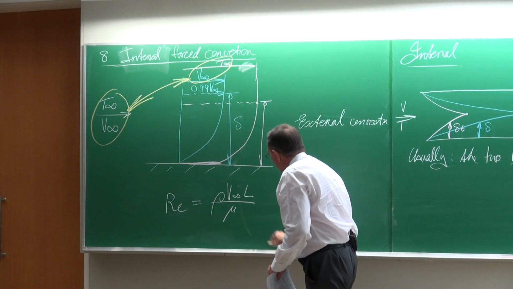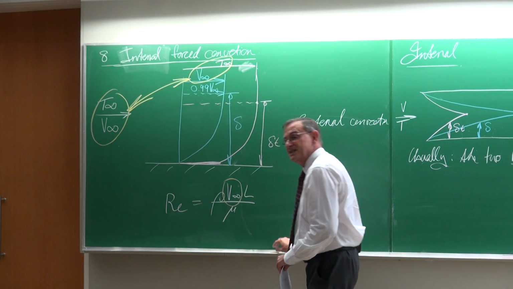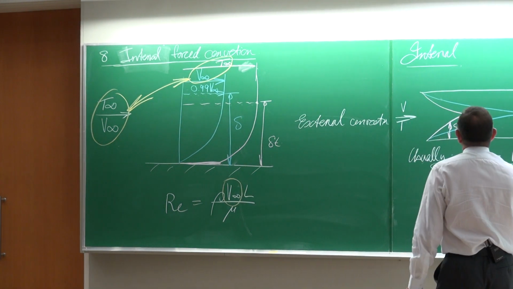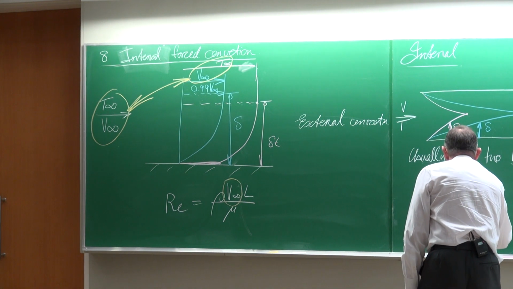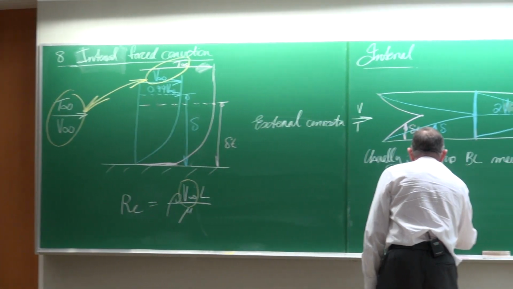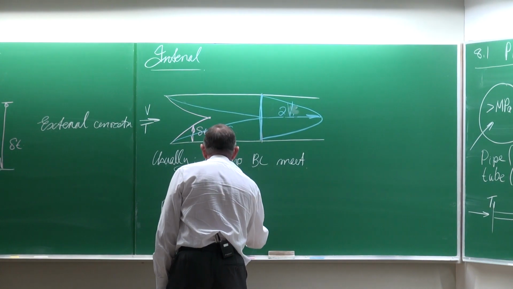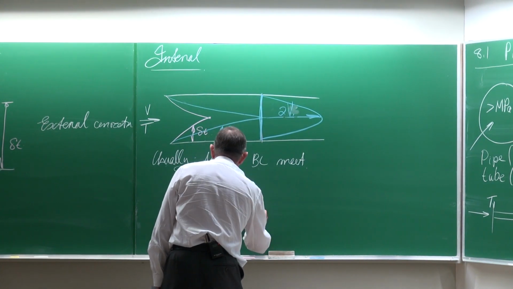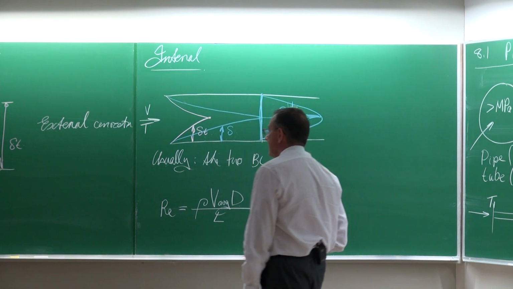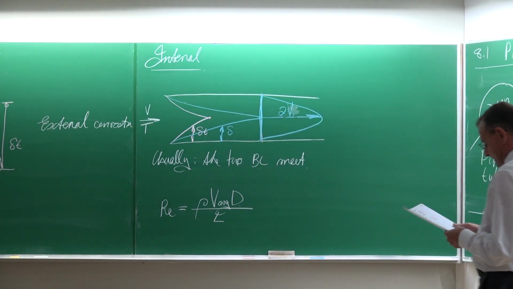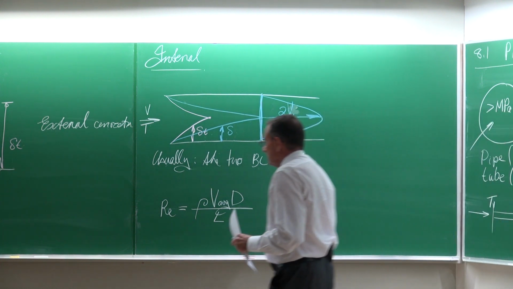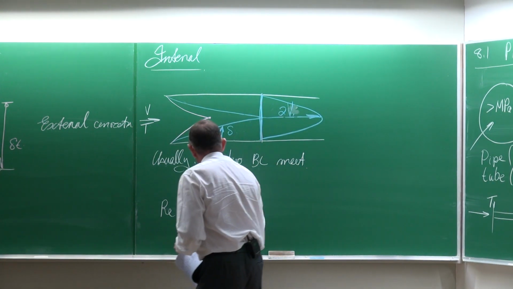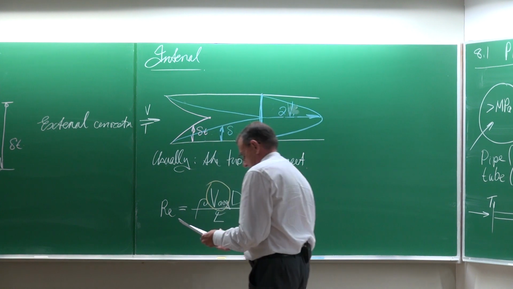So here we make use of the free stream velocity. In the case of internal flow, the Reynolds number is based on rho multiplied by an average velocity multiplied by a characteristic length divided by the viscosity. So in this case we work with the average velocity.